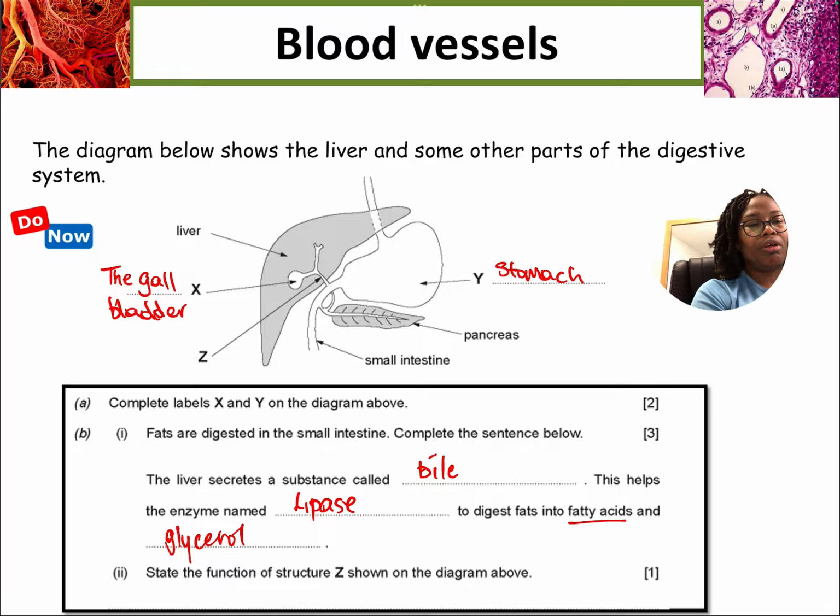State the function of structure X. This is structure X right here. Structure X is a bile duct.